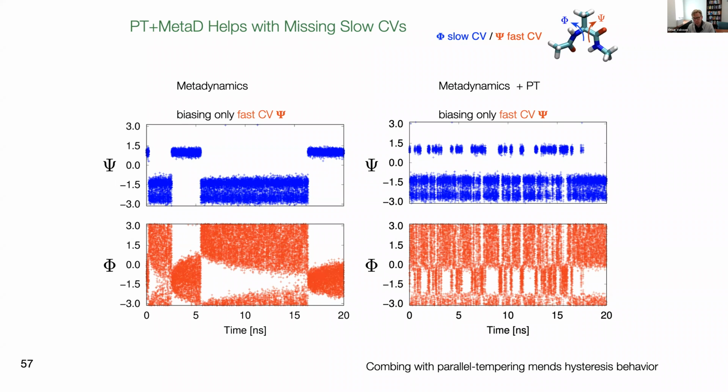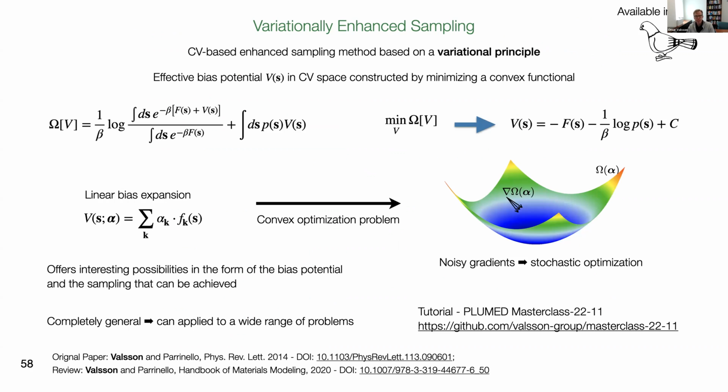So finally, I've been talking about metadynamics, but I want to mention a slightly different method which I'm working on. This is called variationally enhanced sampling. It is a collective variable based enhanced sampling method based on a variational principle, where we construct the effective bias potential by minimizing a convex functional given here. We can show that this functional has a minimum given by this equation here.